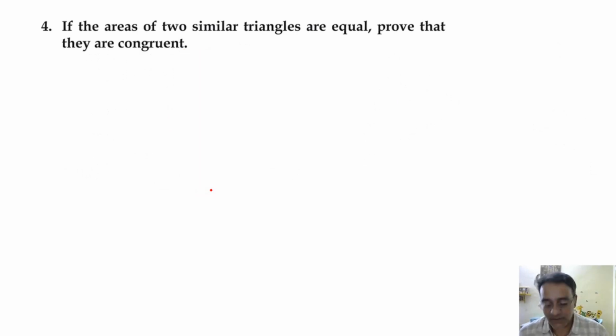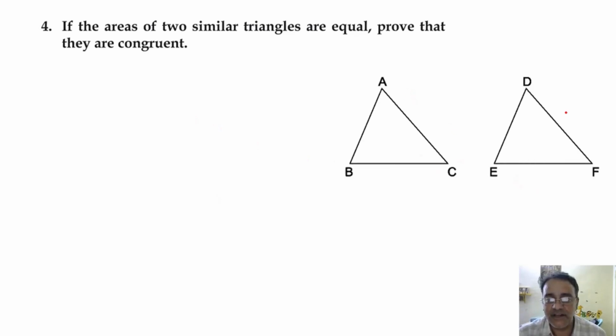If the areas of two similar triangles are equal, prove that they are congruent. So let these two triangles be equal in area. These two triangles are equal in area and they are similar also. Okay, and we have to show that these two triangles are congruent.